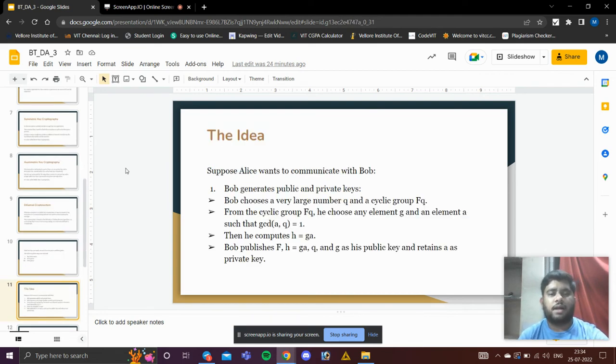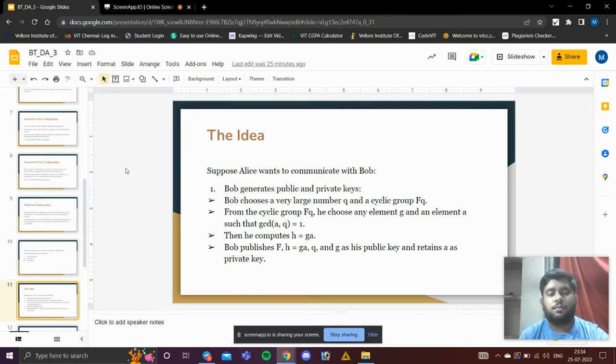So the basic idea behind this ElGamal crypto system can be explained in the following three steps. Suppose a person Elise wants to communicate with Bob. So first step will be Bob generates public and private keys. Bob chooses a very large number Q and a cyclic group FQ.